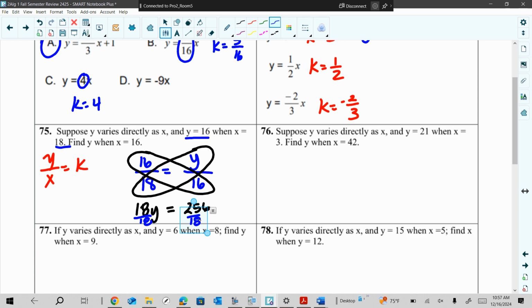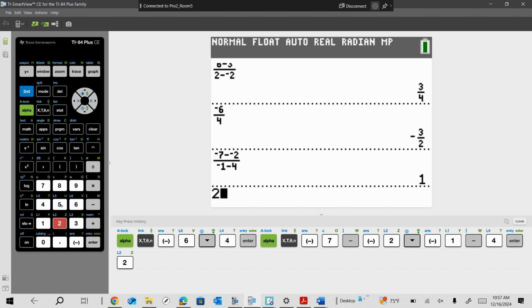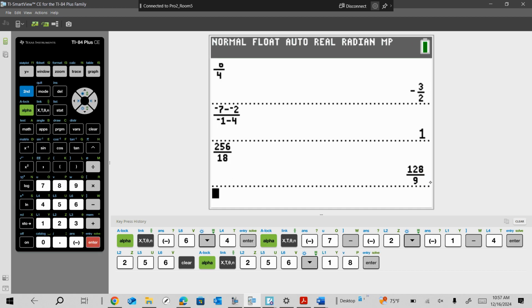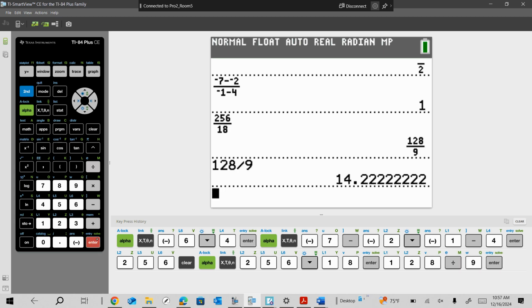It's okay to give the fraction answer, or the decimal. 256 over 18 is the reduced fraction. For the decimal answer, you divide by 9, and get 14.2 repeating. It will have one or the other, and as long as you have one or the other, you're right.